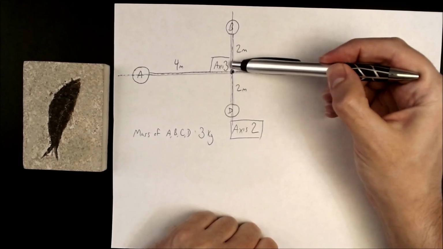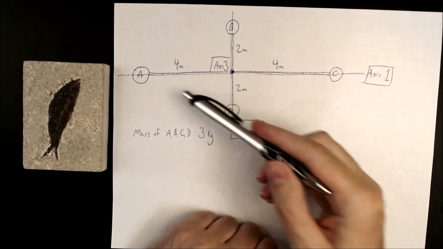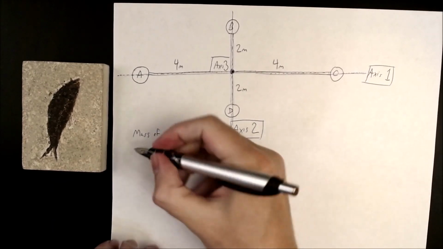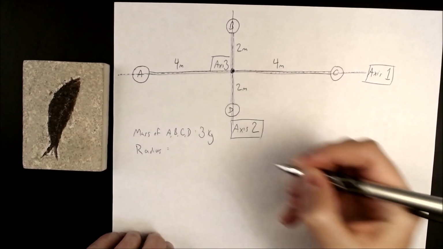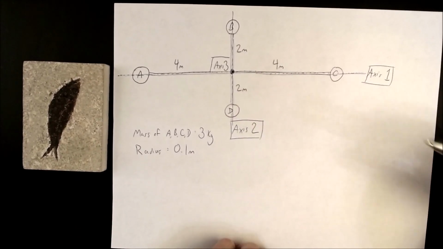The rods are length 2 meters and 4 meters. Each object has a mass of 3 kilograms, and let's give each a radius of 0.1 meters or 10 centimeters.